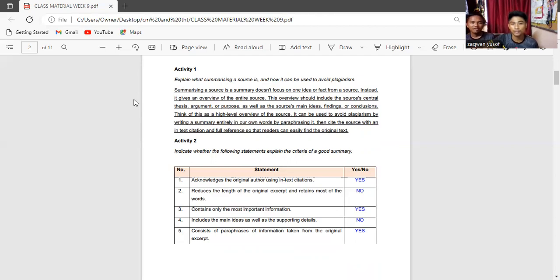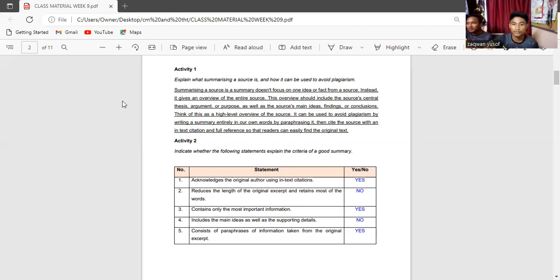This overview should include the course's central thesis, argument, and purpose, as well as the course's main idea, finding or conclusion. Think of this as a high-level overview of the course.